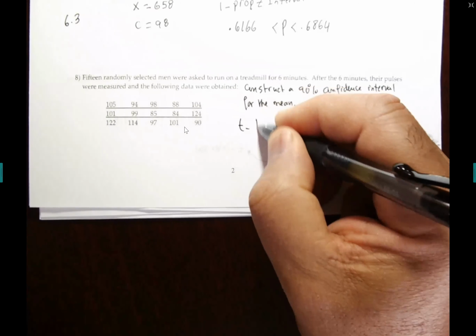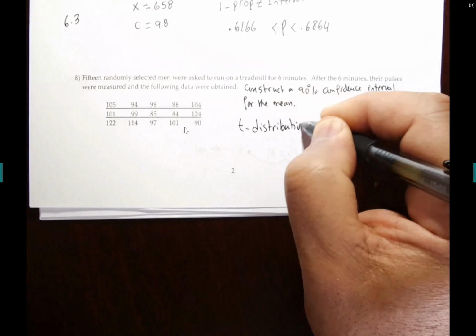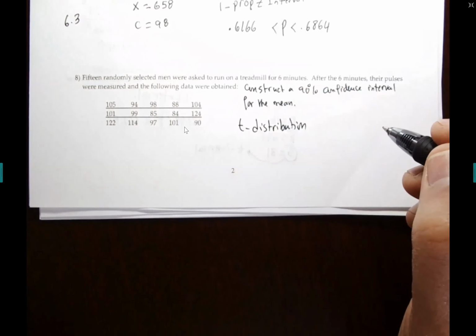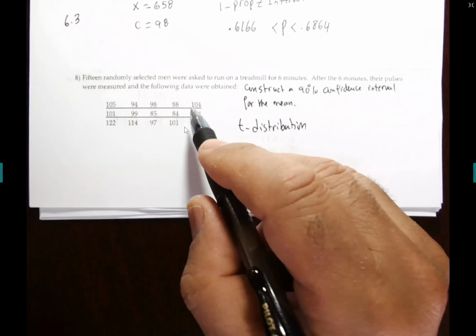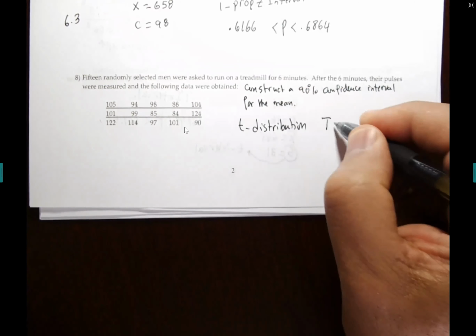When I say T, I'm referring to the T distribution. The T distribution is used when the population standard deviation is not given. Where in this problem does he mention the population standard deviation? Nowhere. In the one question today, he says sigma equals, then you use Z. So this is a T distribution. It's a T interval.